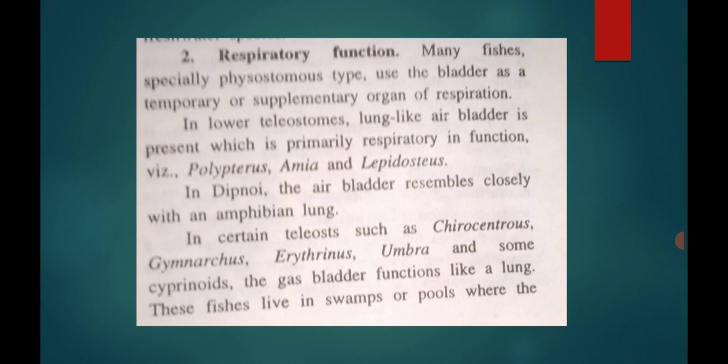The gas bladder functions like a lung in fishes living in swamps or pools where the CO2 tension is high and the O2 is low. As a storage organ for oxygen, the air bladder may also be used for the storage of O2 in emergency conditions.